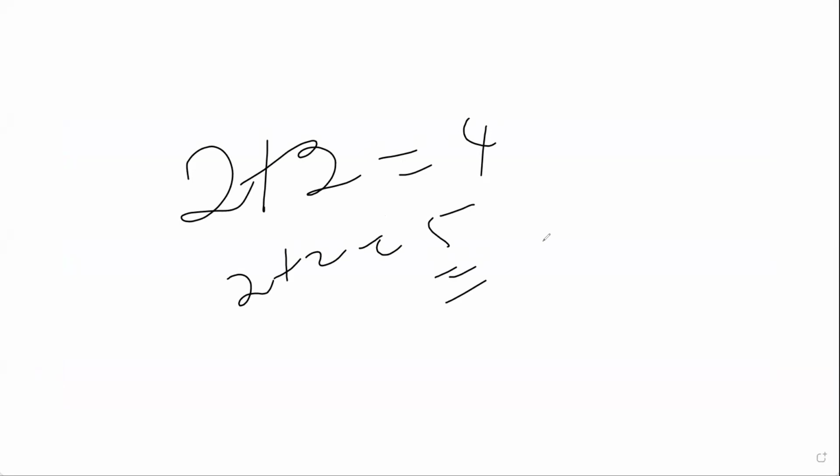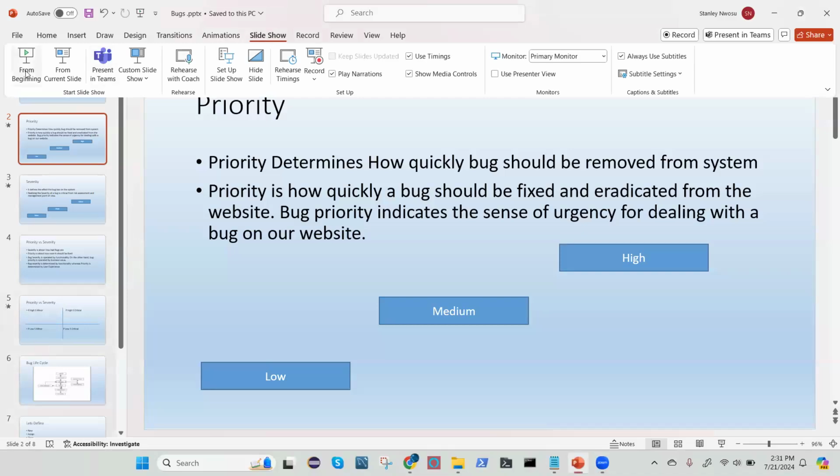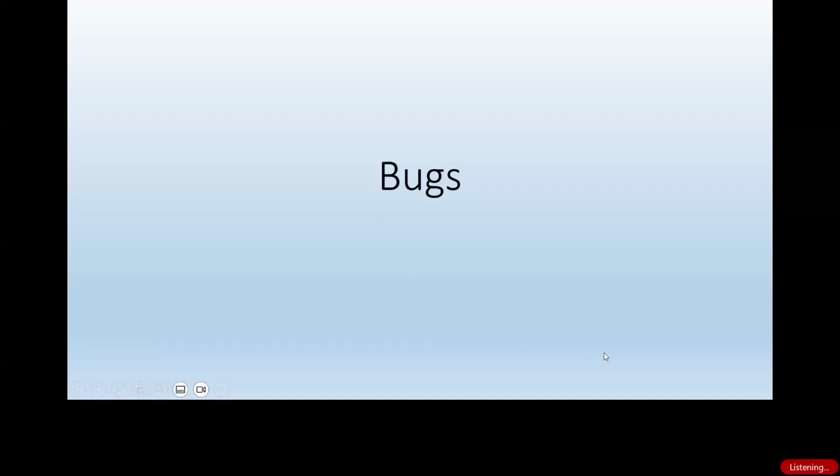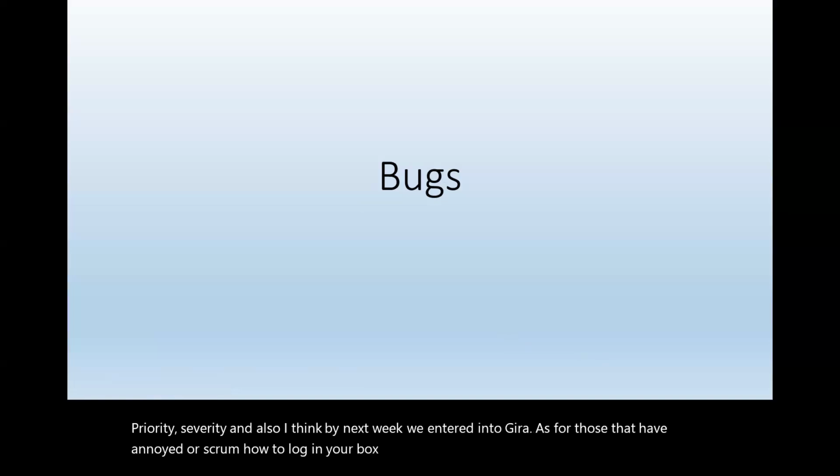So today we discuss bugs. We'll talk about bug priority and severity, and I think by next week we'll get into Jira, for those that have knowledge of Scrum, to see how to log your bugs using a particular tool called Jira.